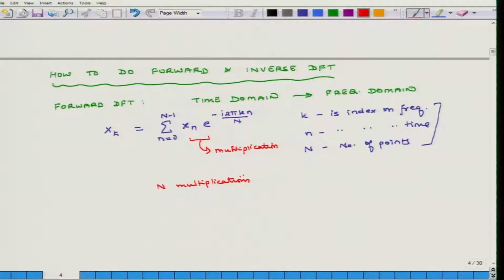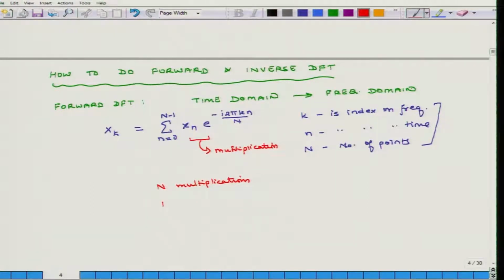The other thing is, how many times we will have to compute Xk? N. So, there are n values of Xk we have to compute. For each value of Xk, we have to do n multiplications.